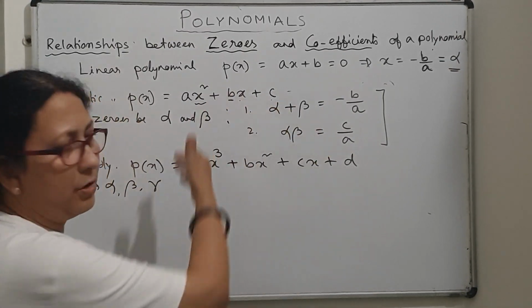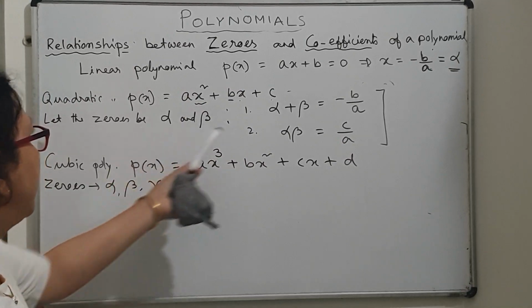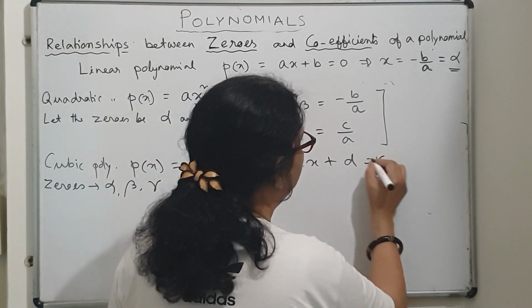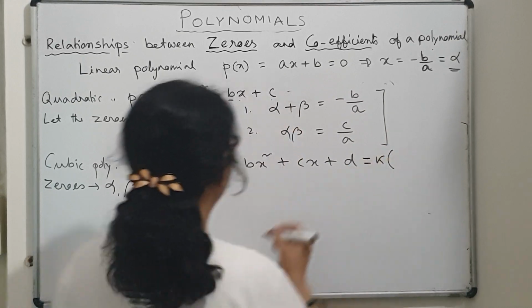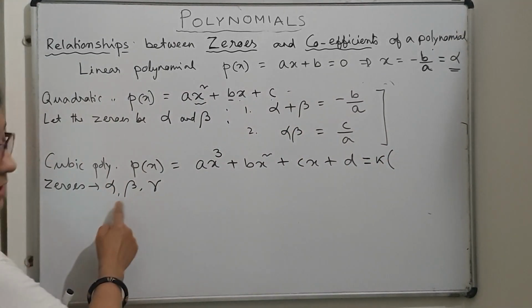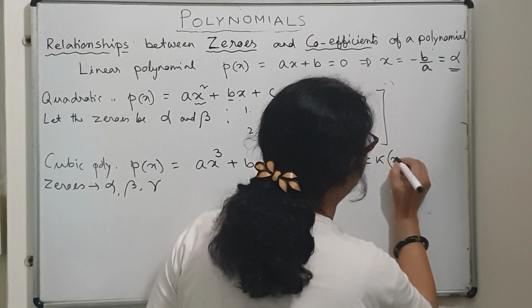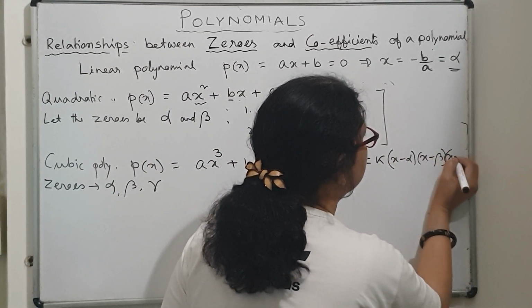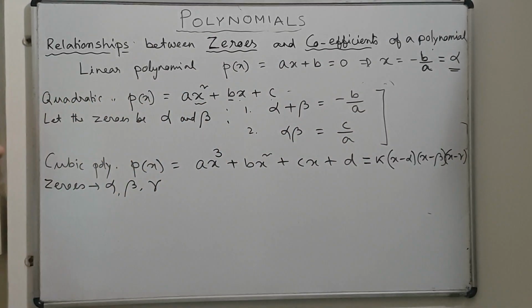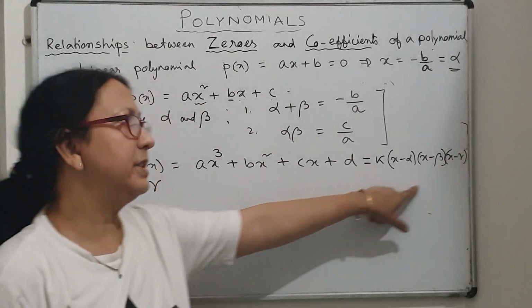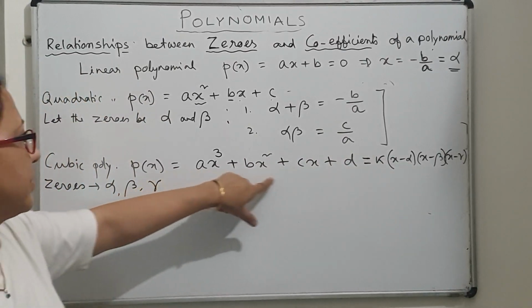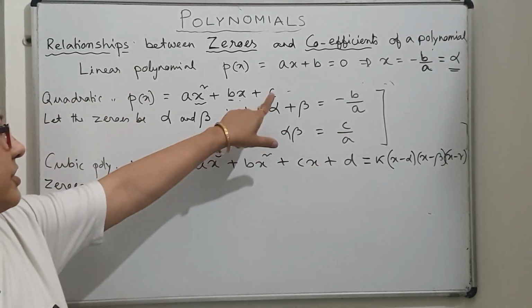And by the same logic, similar way that I have derived these relationships, what will it be actually? By factor theorem, some constant k into, corresponding to each zero, I will be getting a factor. So it will be x minus alpha into x minus beta into x minus gamma. And if I open this, I will be getting an expression which I can compare with this, and I can get relations like this.